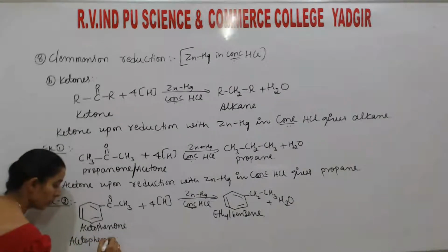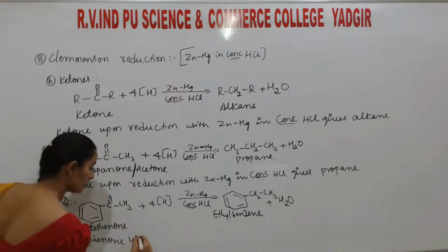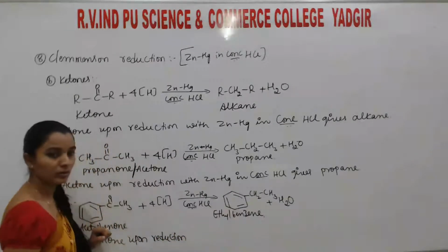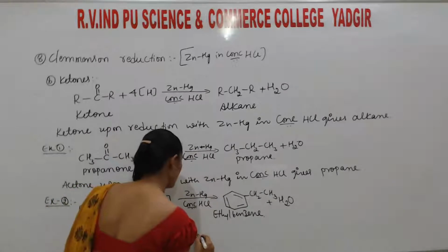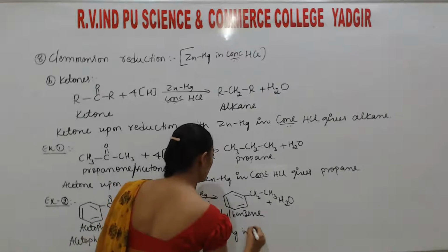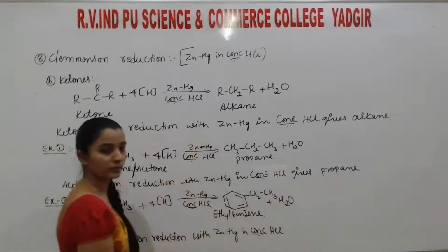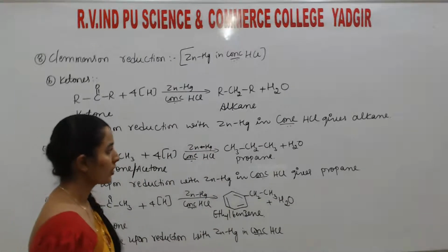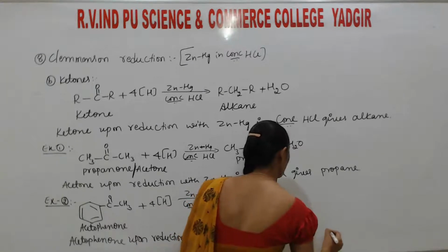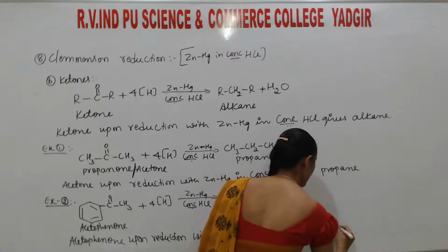Acetophenone, because we have ketone, upon reduction with what? Zinc amalgam in concentrated HCl. Zinc amalgam in concentrated HCl gives ethyl benzene.